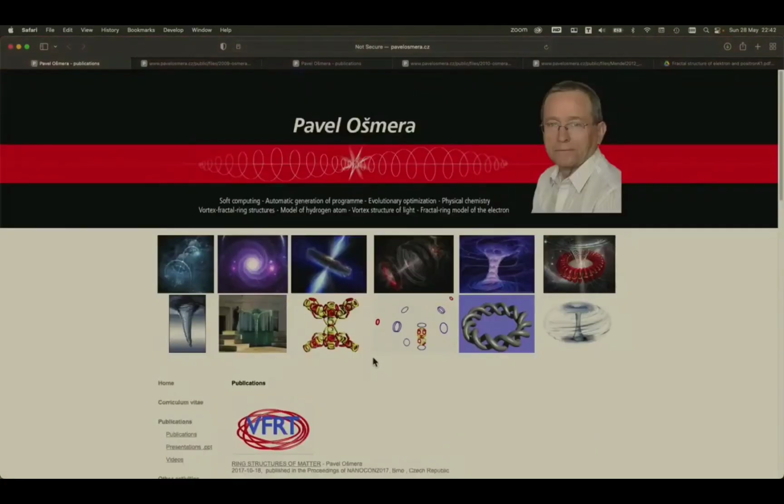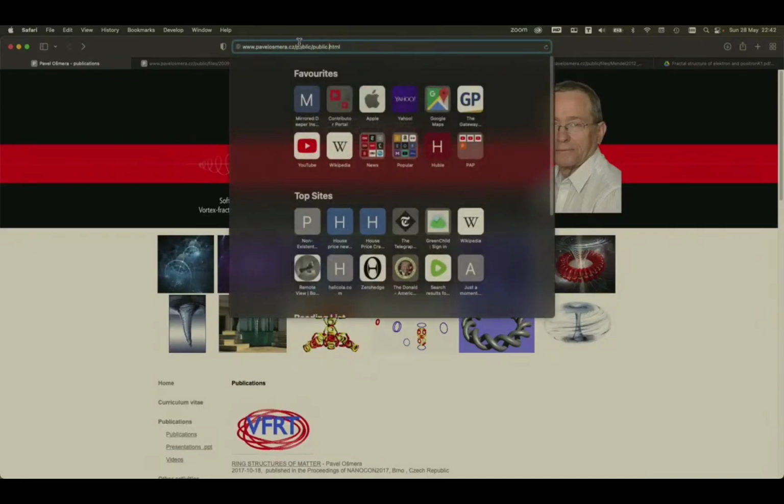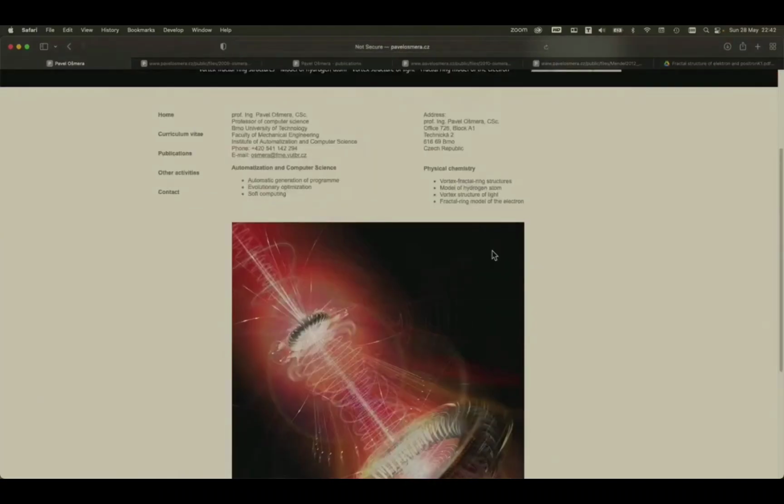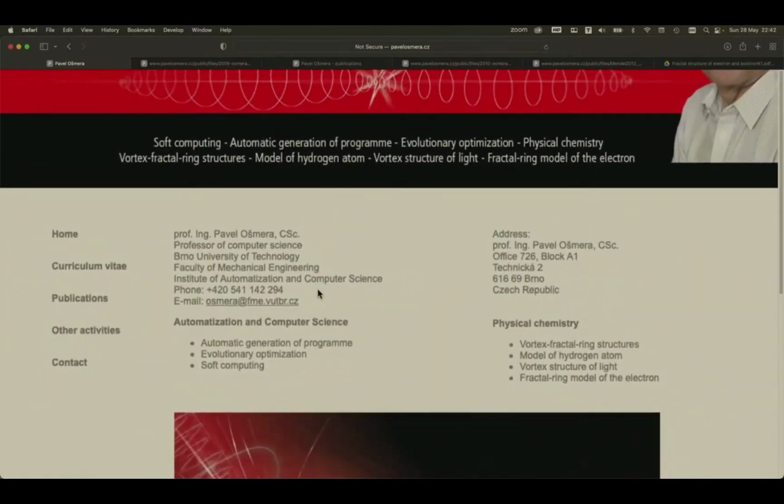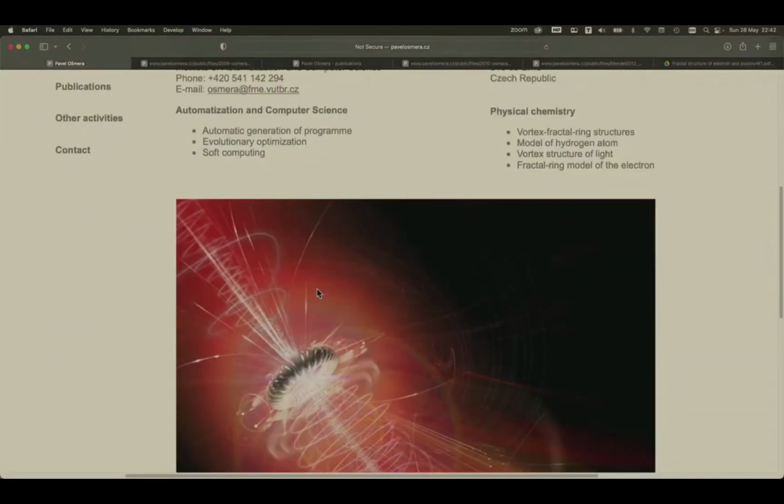And on his website, so this is his main, if I actually go here, no, not that, maybe just go to the root here. You can see here he is a professor of computer science at Brno University of Technology, and that's where he's at.